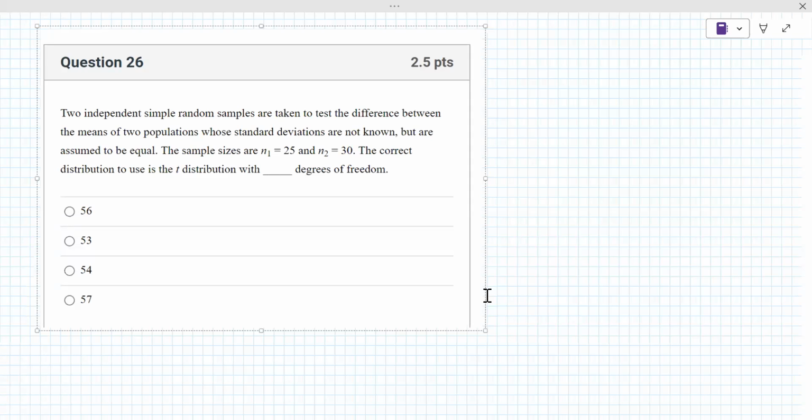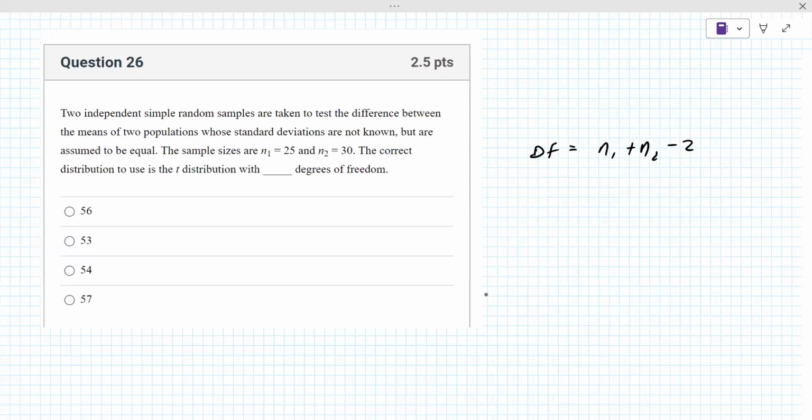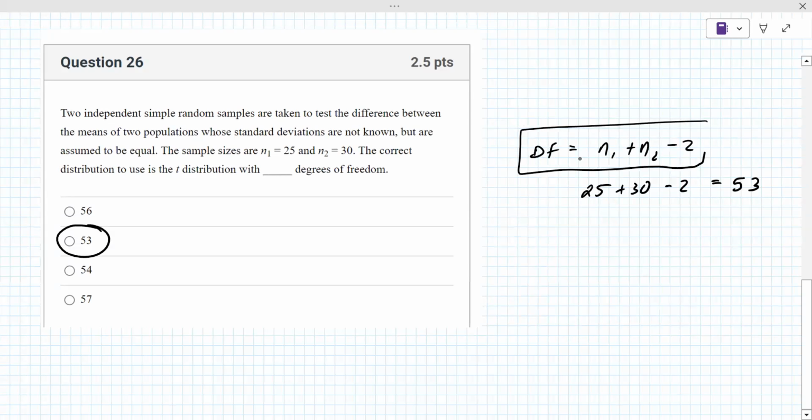The correct distribution to use is the t-distribution with blank degrees of freedom. So the degrees of freedom here is N1 plus N2 minus 2. 25 plus 30 minus 2 is 53. That is not on your equation sheet. You do have to remember that for two samples, that is your degrees of freedom formula.